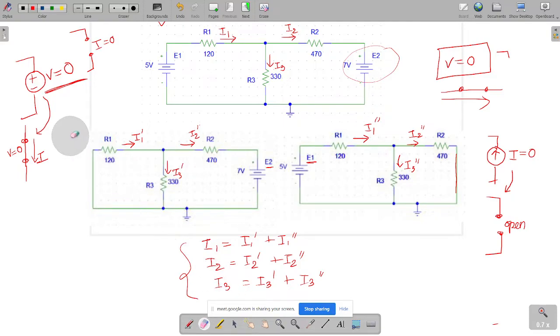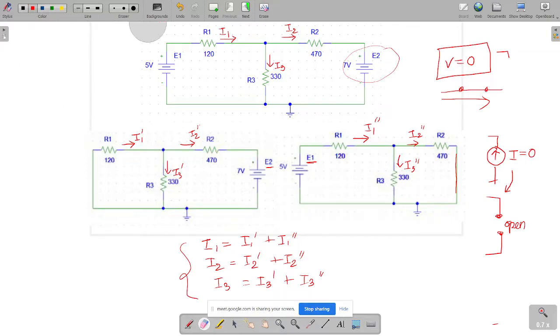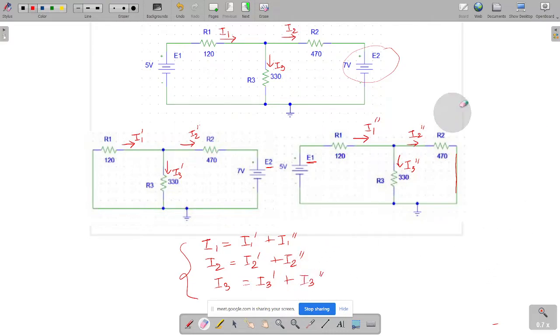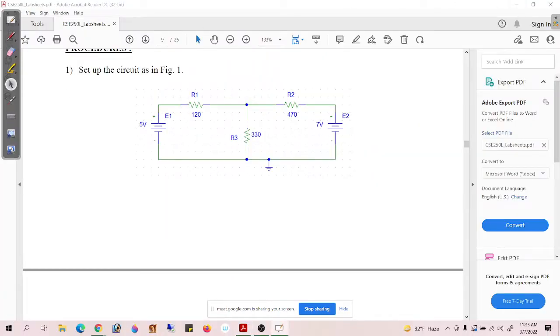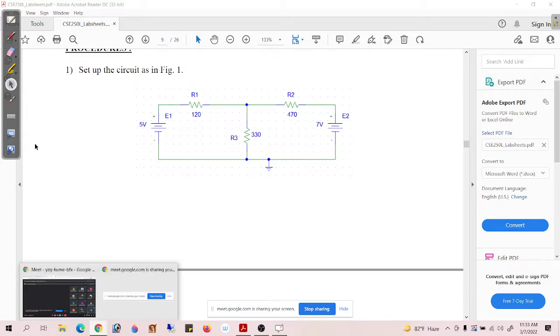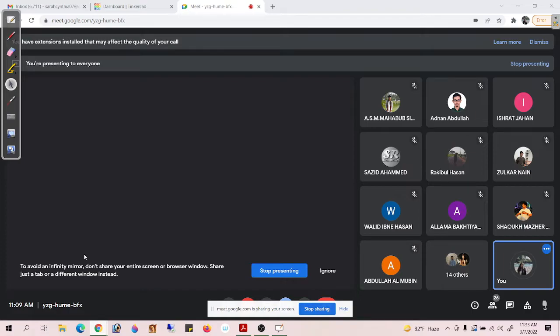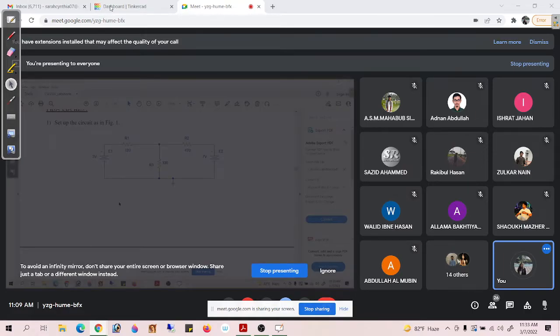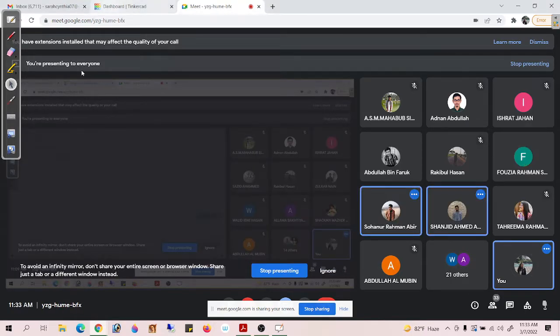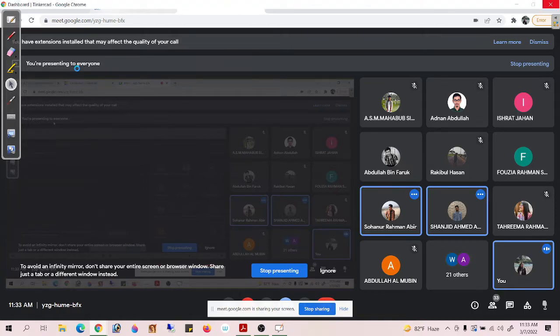Yes, ma'am. Okay. Now, let us get back to our experiment. Can we all open Tinkercad, please? And if someone has any confusion regarding the superposition theorem, you may most definitely ask me right away.